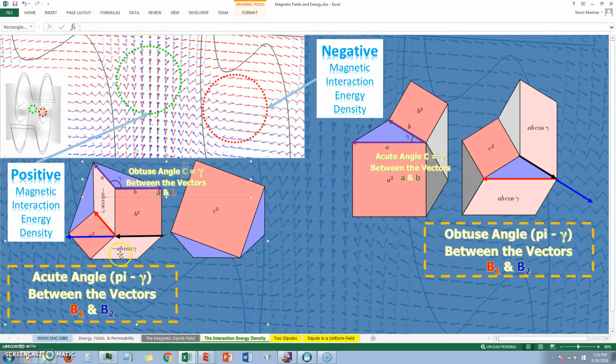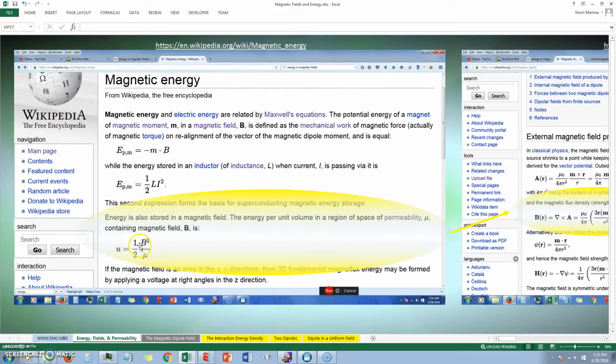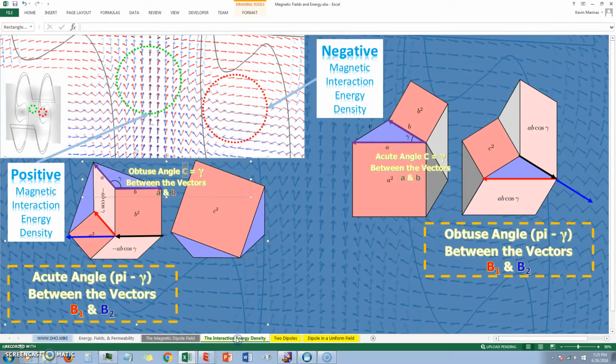You see how you have an area of this parallelogram that's minus AB cosine gamma. But we are choosing a vector, B2, which is the opposite of B. Here, well, this is capital B. The capital B here refers to the magnetic field B, but the lowercase b and the lowercase a, those are referring to the sides of this diagram. So we kind of have to translate this somehow.